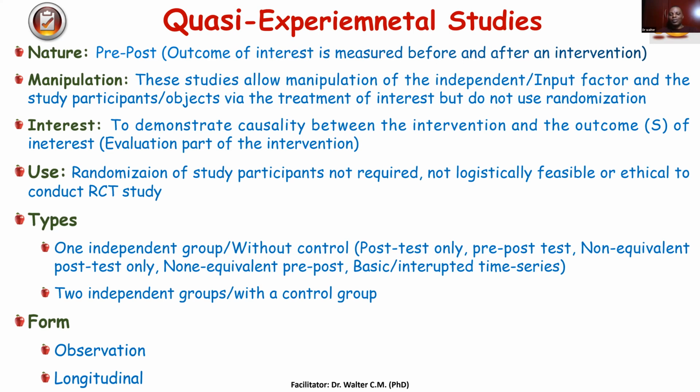It is where you compare groups, if we have groups, control and intervention, before and after an intervention. So you measure their basic status, the original status, before you initiate the intervention. And then you initiate the intervention. Later on, you reassess them to see whether they are gaining or not.